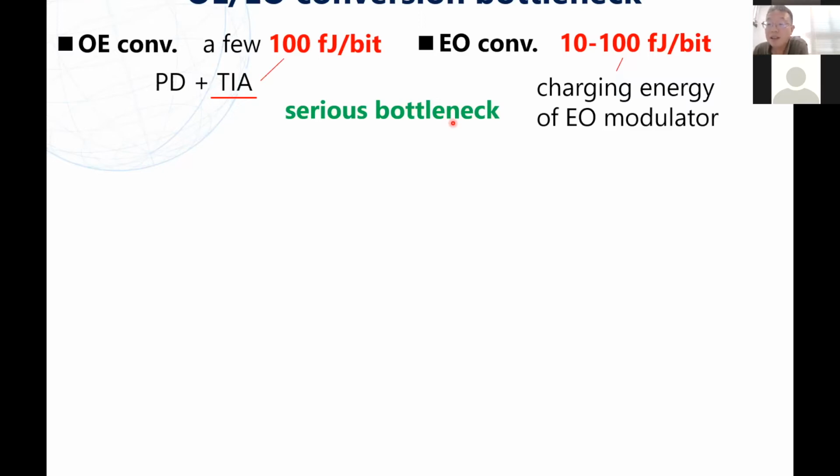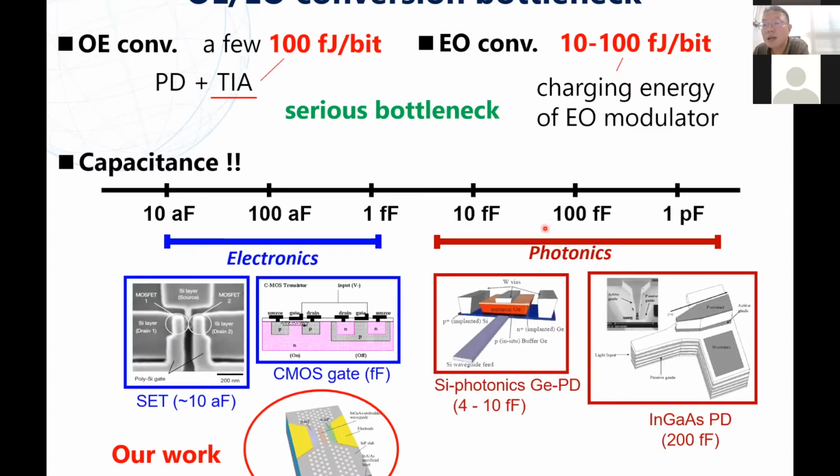In fact, these energies are limited by the capacitance. This shows a typical capacitance comparison of photonic and electronic devices. The capacitance of conventional OE-EO conversion devices is 1 or 2 orders of magnitude larger than that of CMOS transistors.